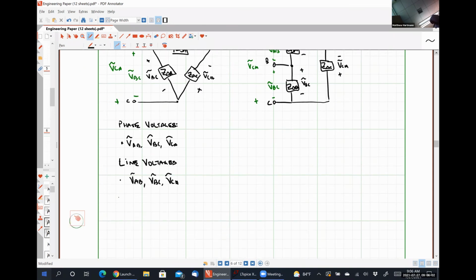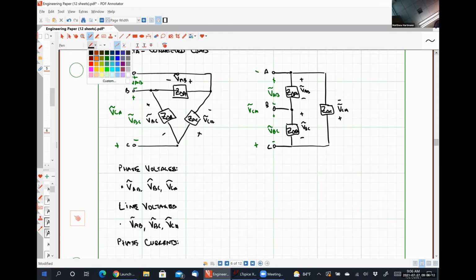And lastly, we have our phase currents, which are the currents flowing through our impedances. So that would be IAB, IBC, and ICA.